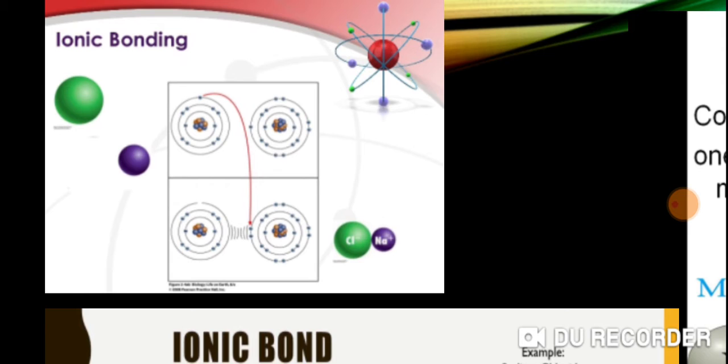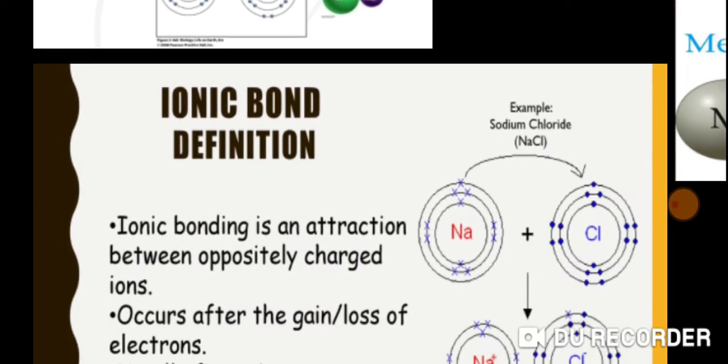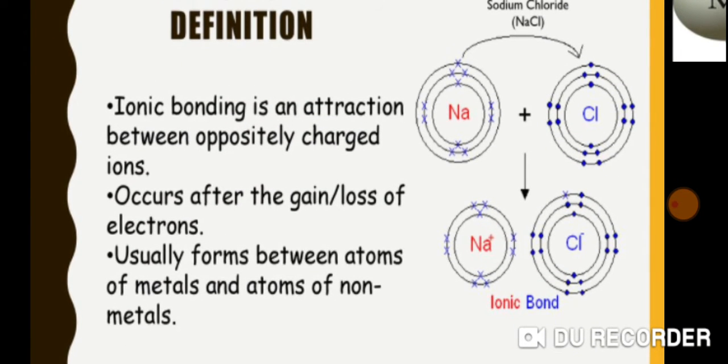This diagram represents the same thing, that the electron from the outermost shell of an atom is transferred to the shell of that atom which requires an electron for its completion. So the transferring of an electron takes place. So in ionic bonding, for an example, there are forces of attraction between two atoms.